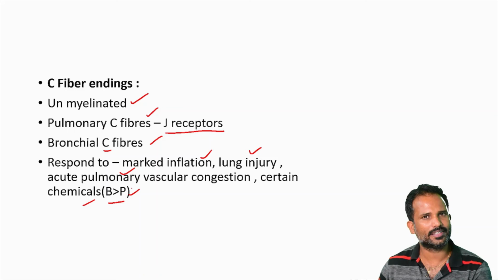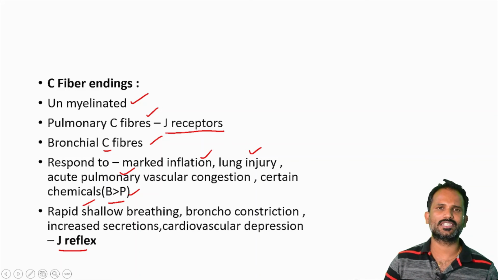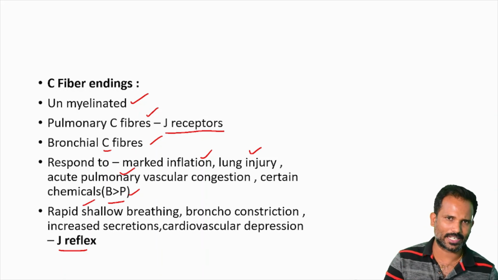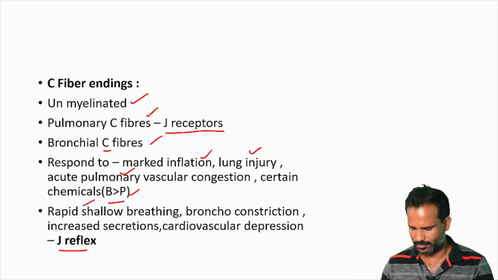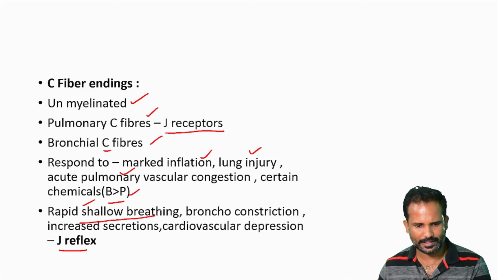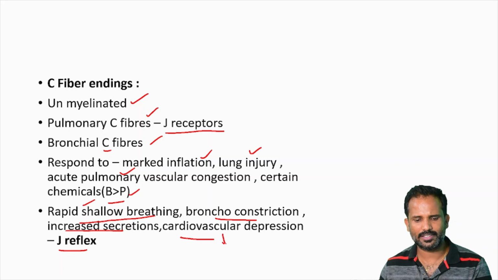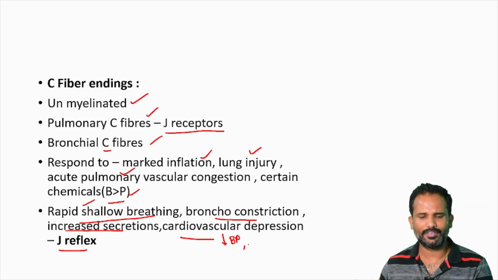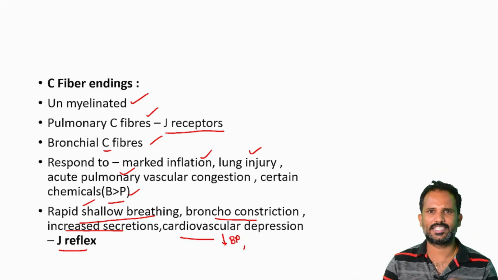There is a reflex called the J reflex, where stimulation of these J receptors by congestion, edema or chemicals will cause rapid shallow breathing, bronchoconstriction, increased bronchial secretions and cardiovascular depression such as decreased BP, hypotension, and even a loss of skeletal muscle tone. This is called the J reflex.